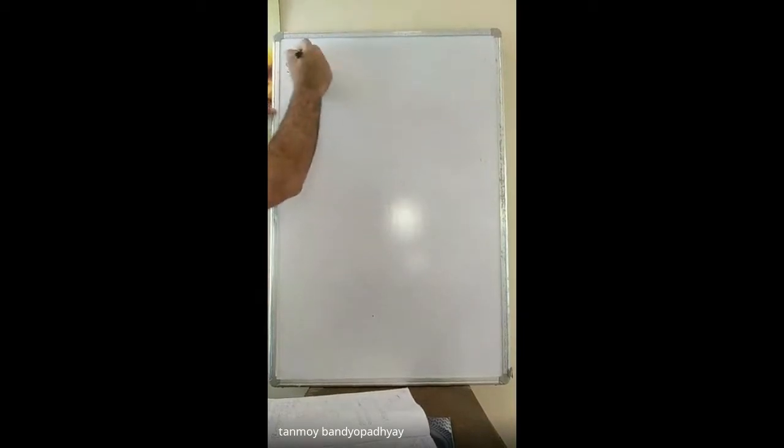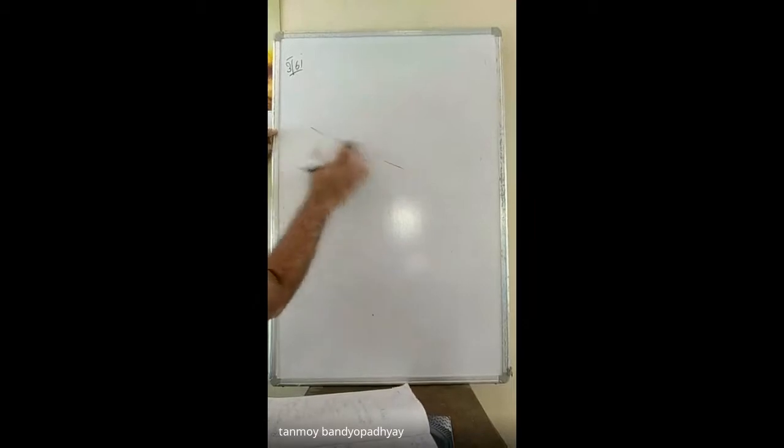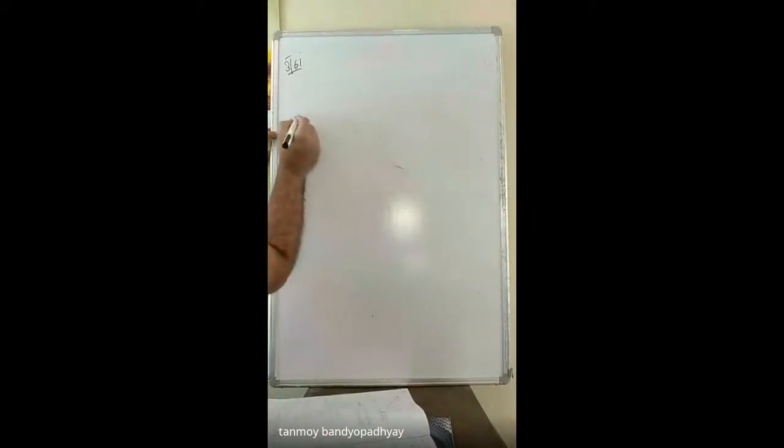Okay, so we'll be starting with problem number 361. So the first problem, let's discuss. It's a 3D problem. Again, its drawing is a bit cumbersome for me, so still I will try to manage using line diagrams.